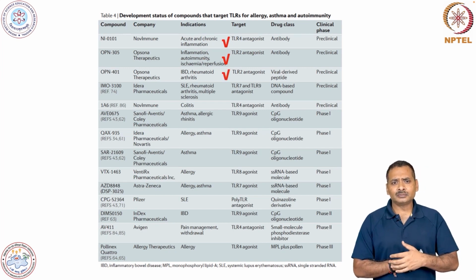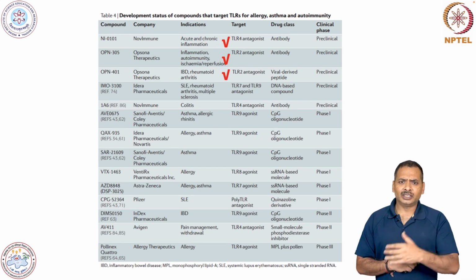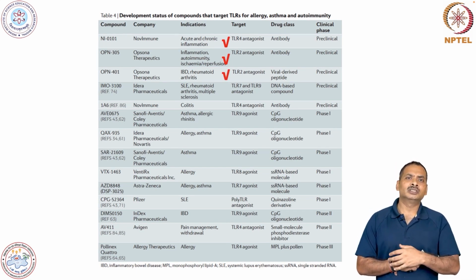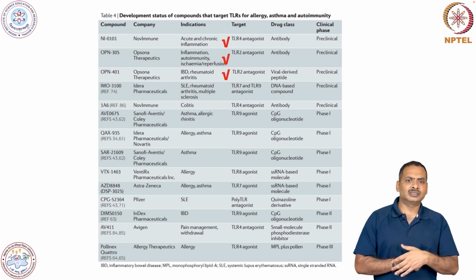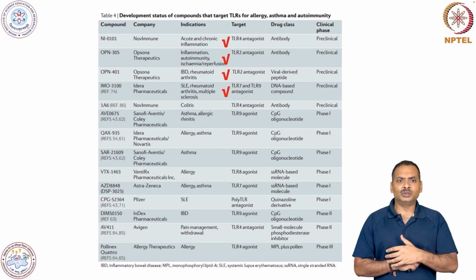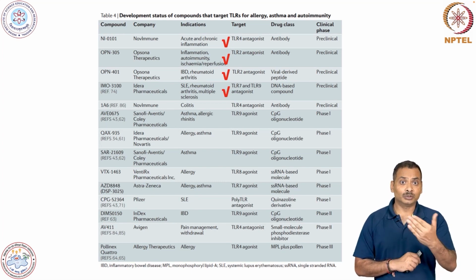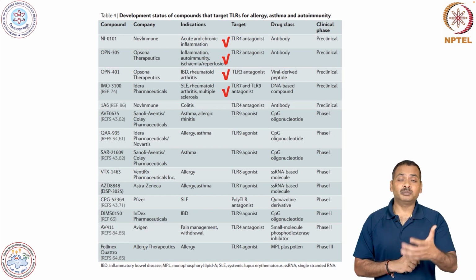Okay. So the TLR2 antagonist is basically a viral derived peptide. It can be used in inflammatory bowel disease, rheumatoid arthritis. A TLR7/9 antagonist, which is a DNA based compound, is used in autoimmune diseases such as SLE, rheumatoid arthritis, multiple sclerosis.